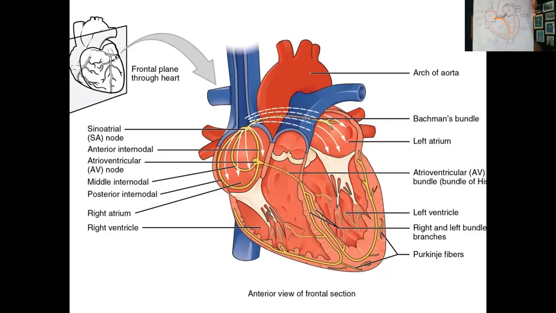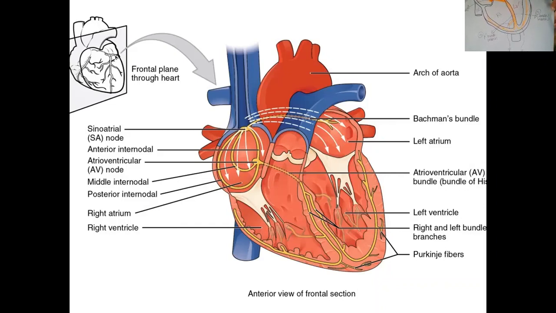The right and left bundle branches are going to go through that septum, but on the right side, it's also going to go through the moderator band. So that's why you can see on my picture that I also have it running through the moderator band within the right ventricle. Make sure you draw that on your picture as well.